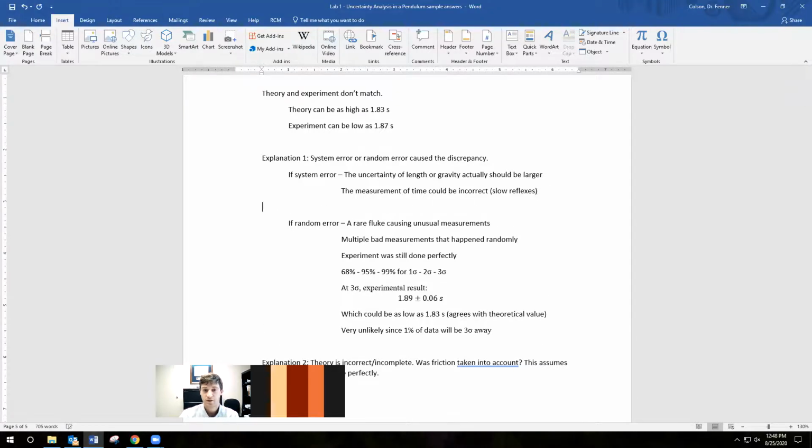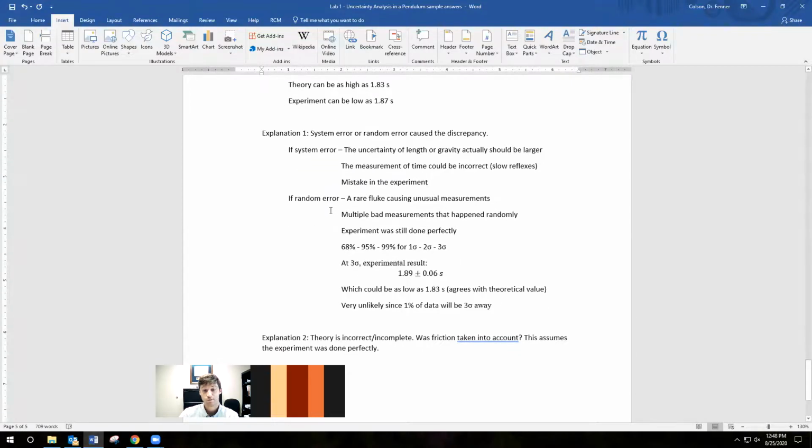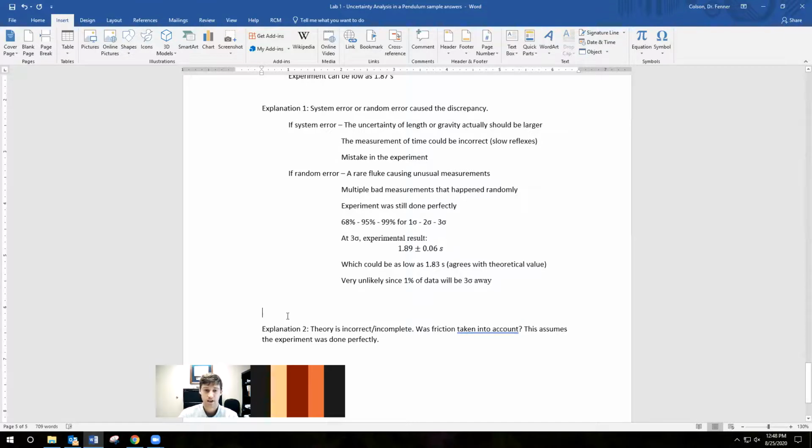So basically, if it's a system error, it was a mistake in the experiment. So really, you could expand explanation 1 into explanation 1 and 2. In fact, you could have 3 explanations, where explanation 1 is a system error caused the discrepancy.